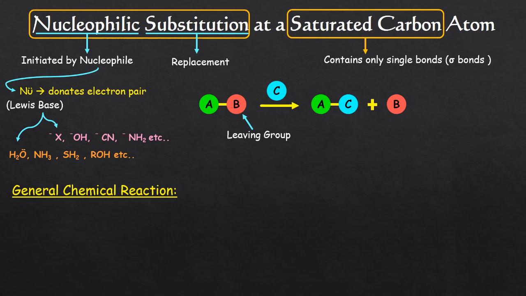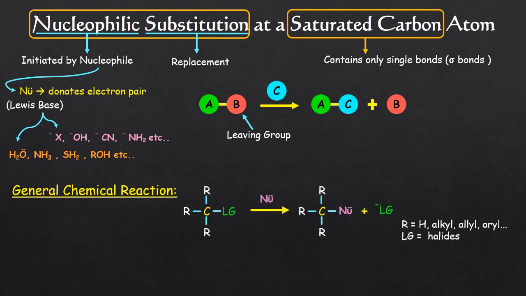So the general chemical reaction for nucleophilic substitution at saturated carbon can be written like this. Here generally halides are taken as leaving group. This heterolytic reaction proceeds mostly by one of the two main mechanisms, SN1 and SN2. So let us start with the SN2 mechanism.